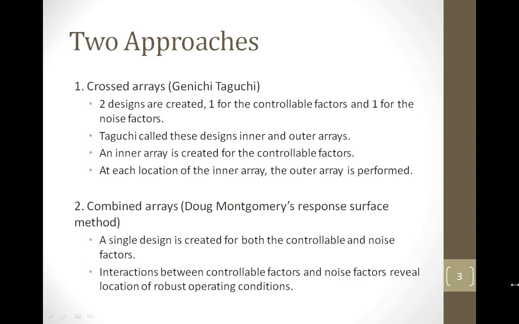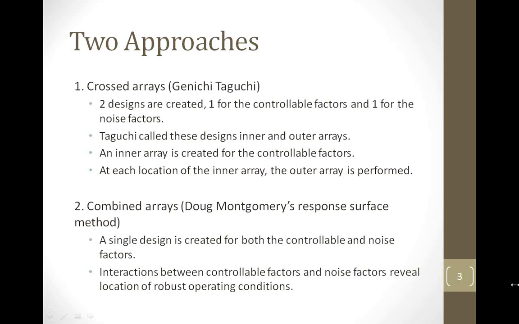The second approach to doing robust parameter design is what Doug Montgomery calls the response surface method. He also calls it a combined array, because what you do is construct a single experimental design. That single experimental design will manipulate both the controllable and the noise factors at the same time.